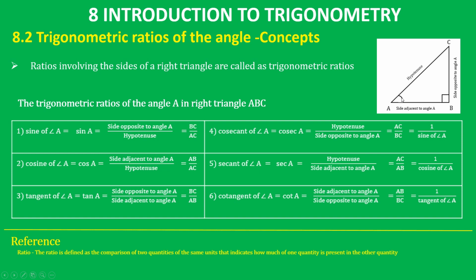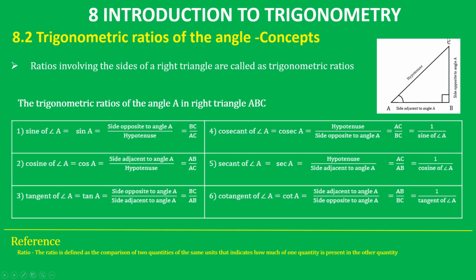Angle A. Based on the angle considered, this becomes the opposite side, and this becomes the adjacent side to this angle. And what is the last one? Cotangent of A. It is equal to cot A: side adjacent to angle A divided by side opposite to angle A, which is AB by BC.